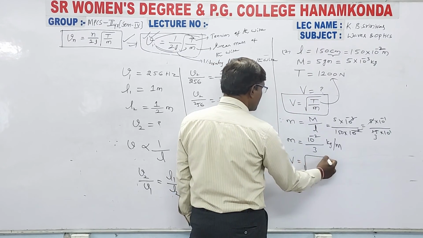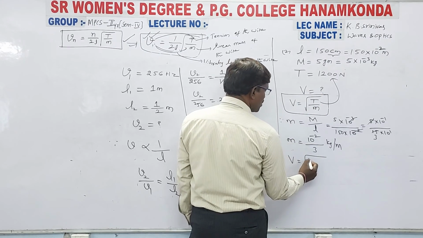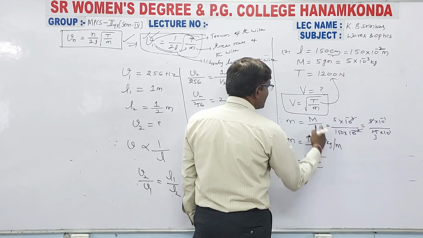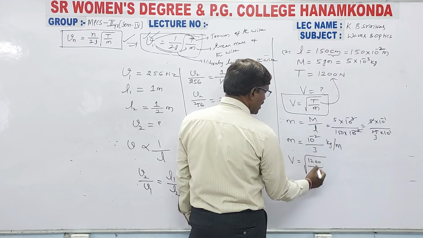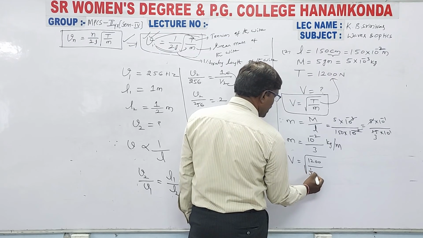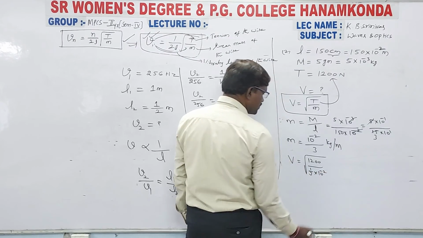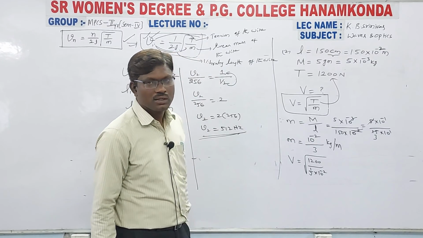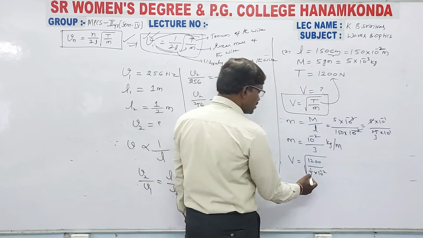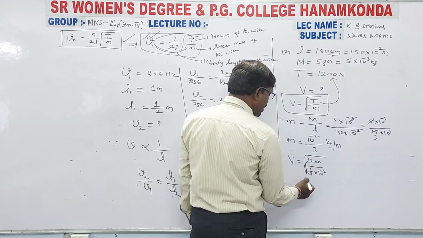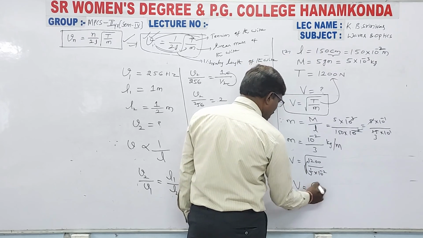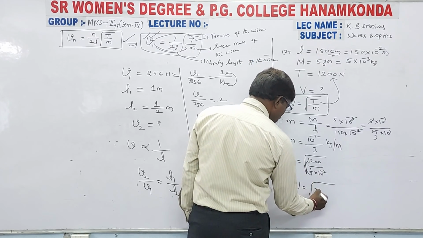Now just substitute small m and the tension value in the required formula. V is equal to under root of, what is the tension here? 1200. What is the linear mass density? Just now I calculated it, that is 1 by 3 into 10 to the power of minus 2. Clear? Right. So, this 3 goes into the numerator, 12 times 3 is 36.